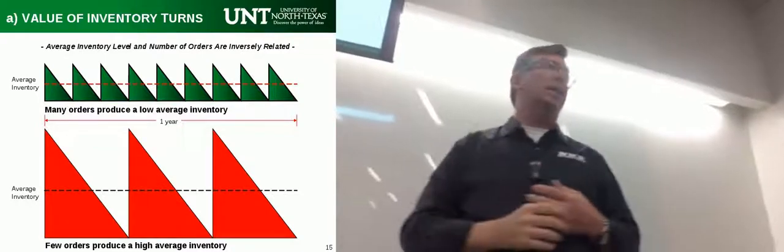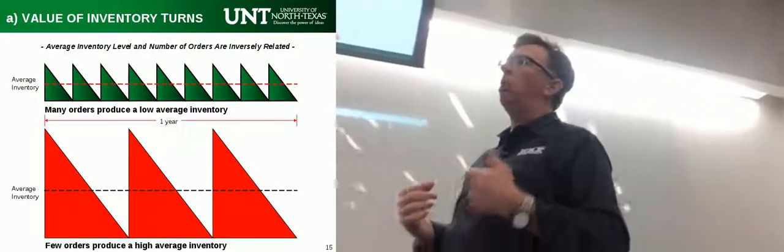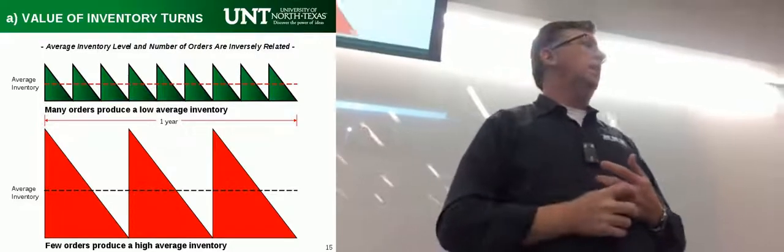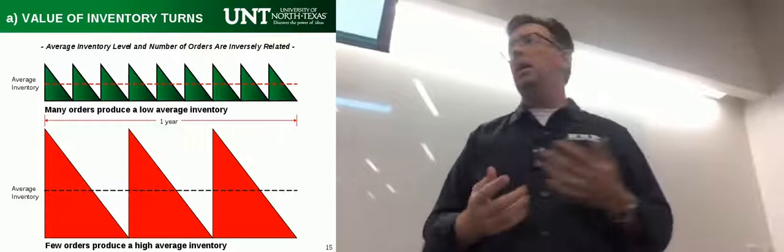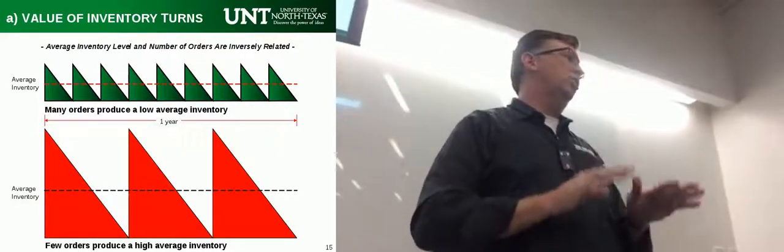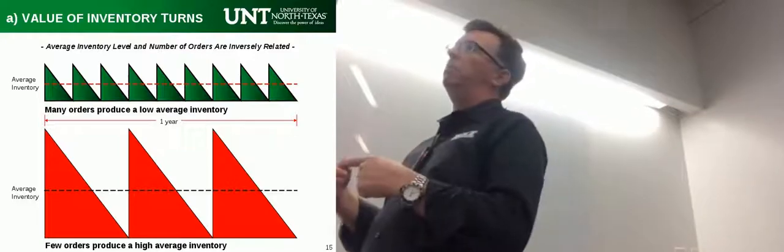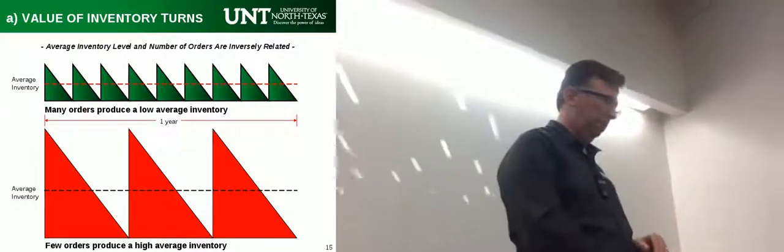I'm also probably not going to get as good a discount, right? If I'm ordering in lots of small batches, I'm not going to get as good a discount from my vendor. I'm not going to get as good a price on my freight. And so I'm going to have to use different strategies if I'm doing a rapid replenishment model than if I'm ordering in bulk. All right, so different kinds of trade-offs there.